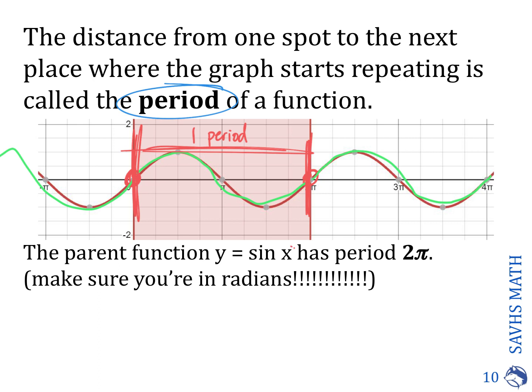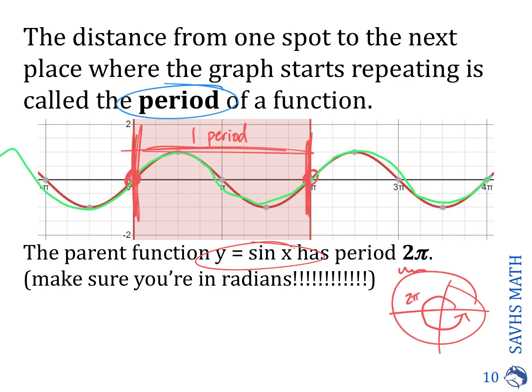One of the challenges of graphing these functions is figuring out what the period of the function is. Normal y equals sine of x has period 2 pi. On the unit circle, that makes sense because as you go around the circle, that is a 2 pi angle. If you go around another time, that would be another 2 pi. So every 2 pi, this function is repeating.